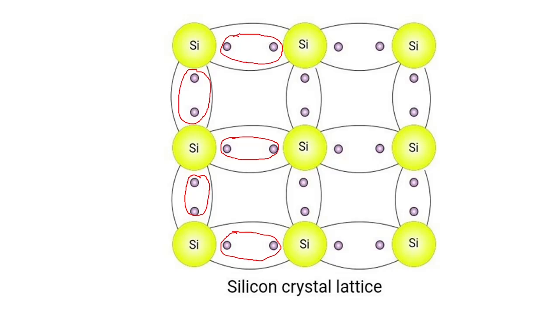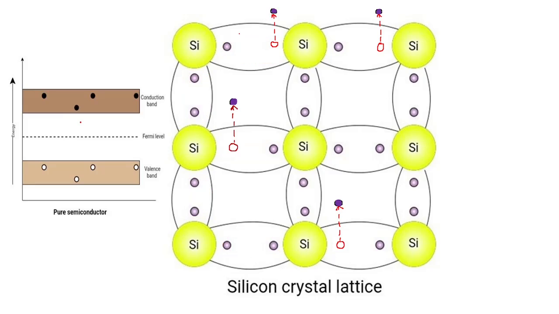Now at normal temperature, a few electrons which are forming these covalent bonds break the covalent bond and become free electrons, as shown in this figure.